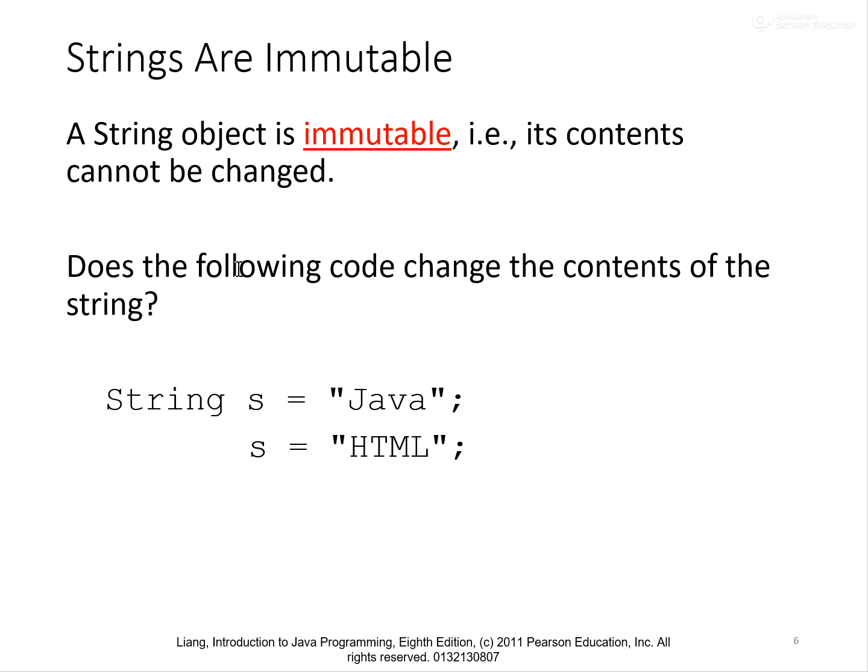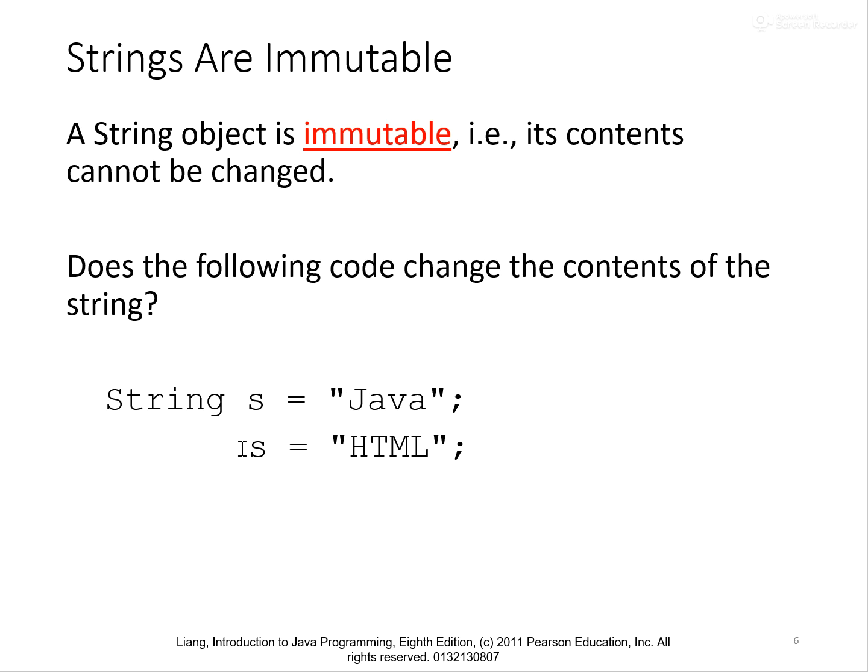Okay, that sounds new. It throws up the question: what happens if I were to try to run code like these two lines that I have over here? We're creating and initializing a string object S with the text Java.